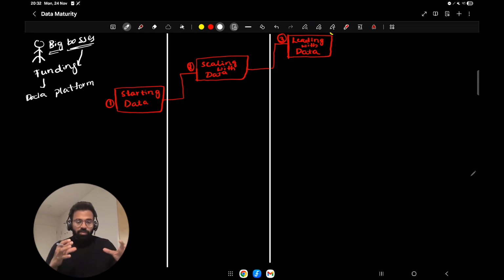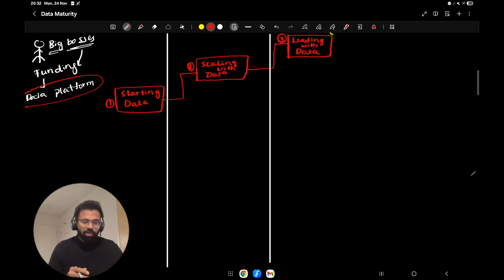So you have to combine all this data, gather it into one place, apply some business logic, and do some processing, and only then will you be able to use that data, right? And to do all this, of course, you need to build this important thing called a data platform. You can't build it for free, because you need to pay for the compute, you need to pay for the storage, and you need someone to build it. That someone will essentially be data engineers in this phase.